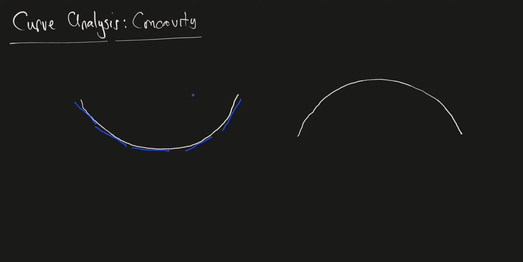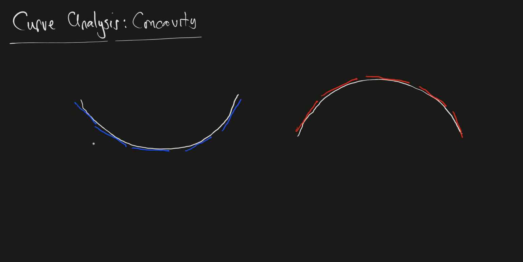Like that one, and then let's draw some tangent lines over here as well, like there, and there, and there, and there. All right, good. So we got our tangent lines. Now let's make some observations about these, and let's start with the ones in blue.